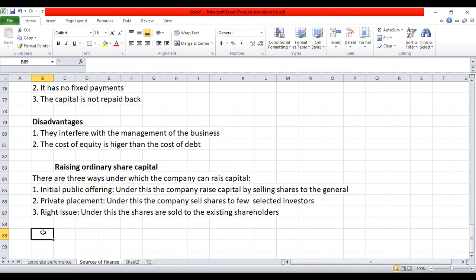Also, let's talk about what is called the theoretical ex-right price, which we abbreviate as TERP.